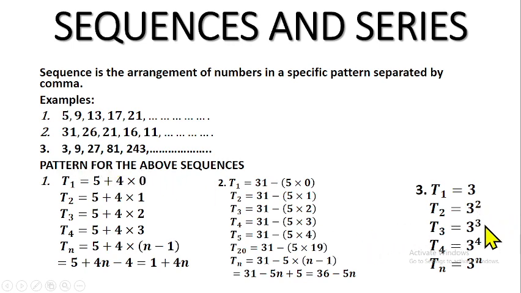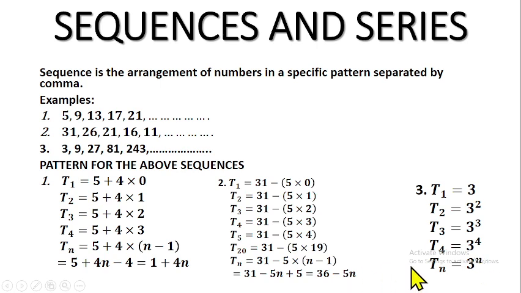The third term is 3 raised to power 3, that will give us 27. Then the fourth term is 3 raised to power 4, that will give us 81. Then the fifth term will be 3 raised to power 5, that will give us 243. Therefore the pattern they have used to get this sequence is 3 raised to power n, where n is the number of the term you are looking for.